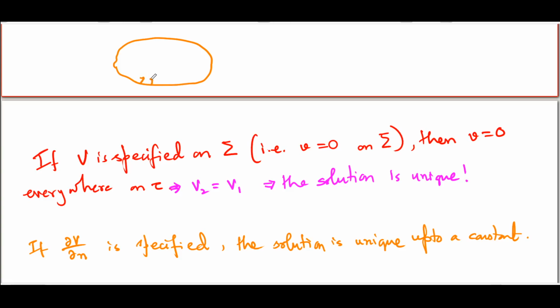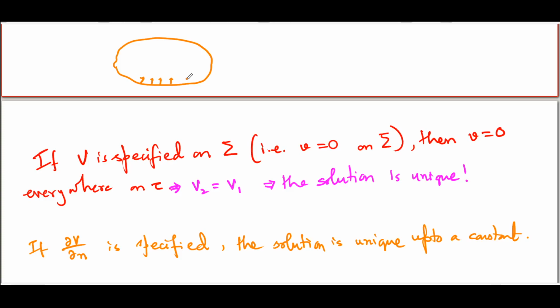Neither is the normal derivative, which tells you the rate at which V changes when you go inside the region. Why are we focusing so much on the normal derivative and not the derivative along the surface? Because if we specify the value of V on the surface, then its derivative on the surface is automatically given along with that. The rate at which V changes when you leave the surface, that is not specified when you give the value of V everywhere on the surface.